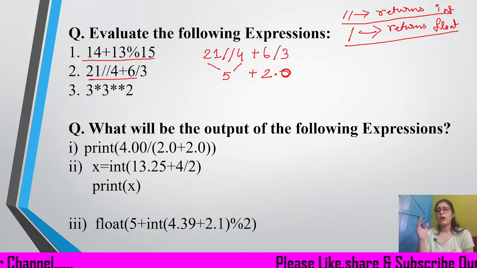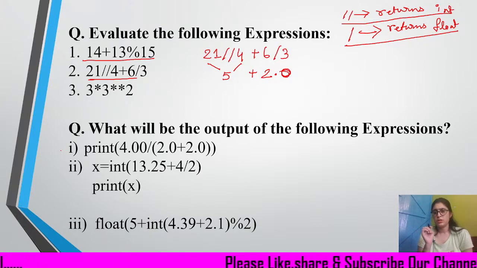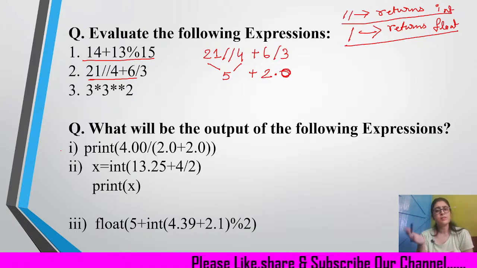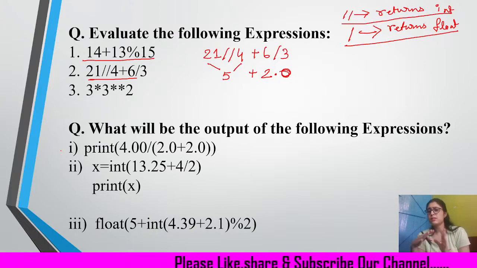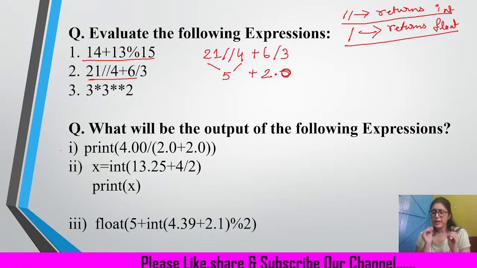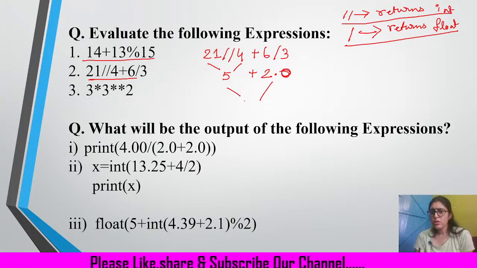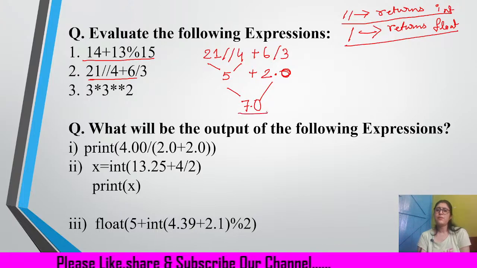Even if a number is wholly divisible by another number, it will still give you a float data type or floating point answer. Like here 6 divided by 3, we know 6 is properly divisible by 3 and we got the result 2. But we will get here 2.0, not 2. So the final result will not be 7, it will be 7.0.